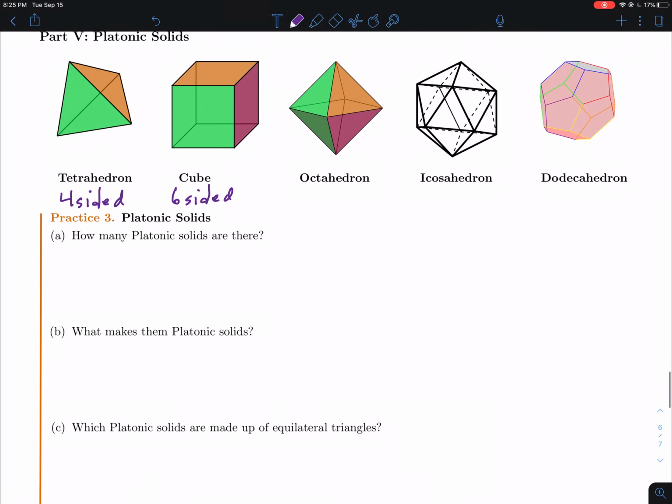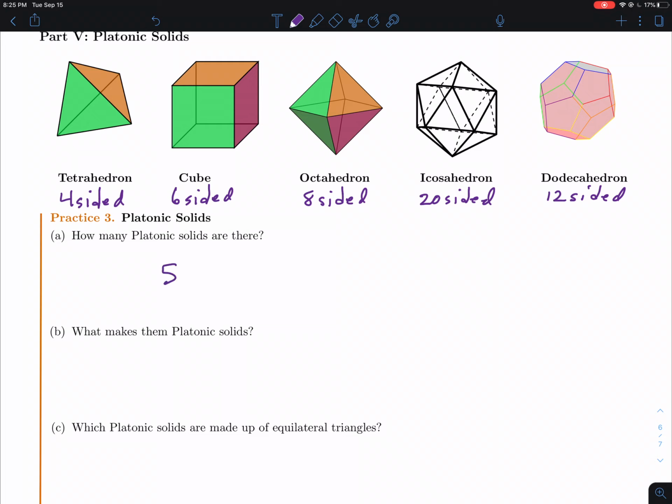An octahedron is an 8-sided die. An icosahedron is a 20-sided die, and the dodecahedron is a 12-sided die. So there's actually cool dice for these, so it makes a nice probability problem and things like that, because they're kind of different numbers than just your standard 1 through 6.